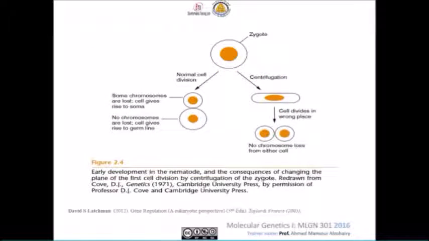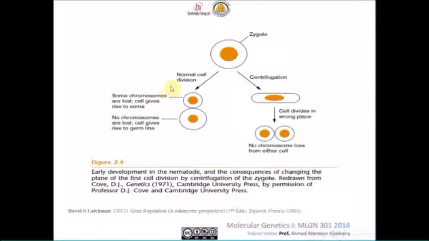See that example, for instance in nematodes: the zygote, when it divides, makes an unequal division. Some chromosomes are lost, giving rise to somatic cells. So the somatic cells have fewer chromosomes.